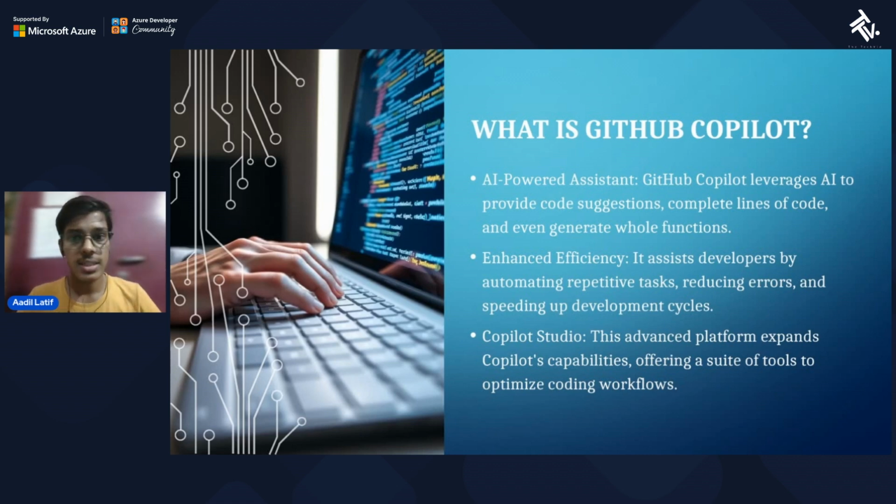So, what is GitHub Copilot? Firstly, we have to discuss GitHub Copilot. GitHub Copilot is an AI-powered assistant that leverages AI to provide code suggestions and complete lines of code without us typing them out. If we use GitHub Copilot, it will suggest how we can write the code. It will help you complete lines of code and even generate a whole function.